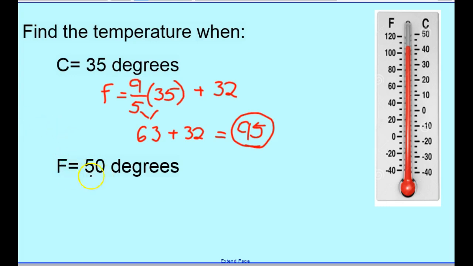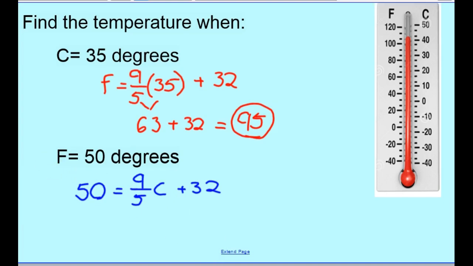Next problem, our F equals 50 degrees, so our Fahrenheit is 50 degrees. So instead of F, we have 50 equals 9/5 C plus 32. So what we're doing is we're solving for C, trying to get C by itself.